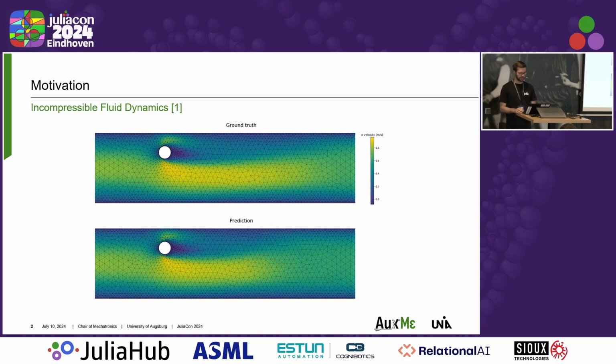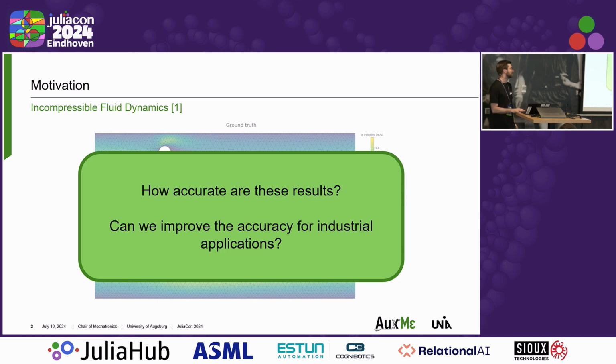But the question that I ask myself is, how good actually are these results? How good is the accuracy? And how can we use this method if we want to implement it in an industrial use case where we have more stringent requirements to precision? And that is why we developed our package.